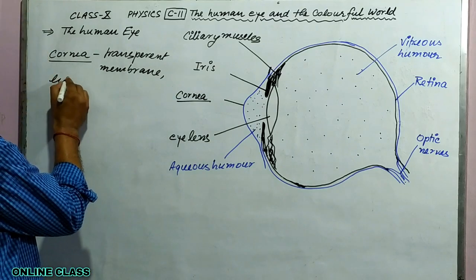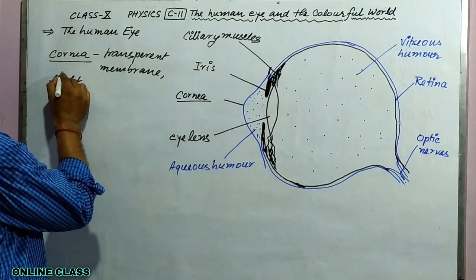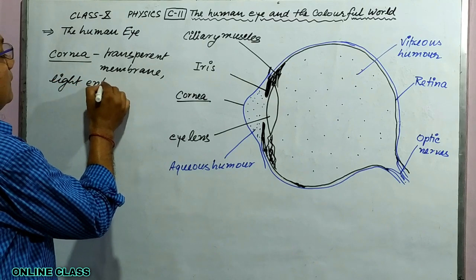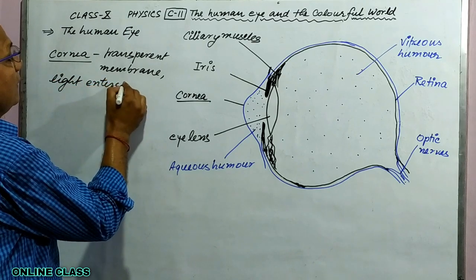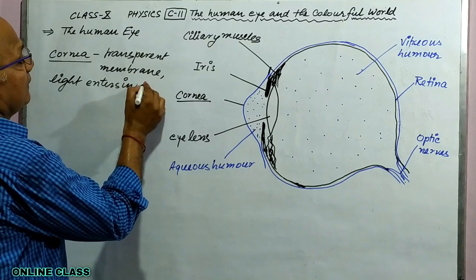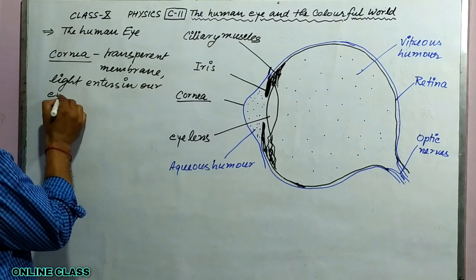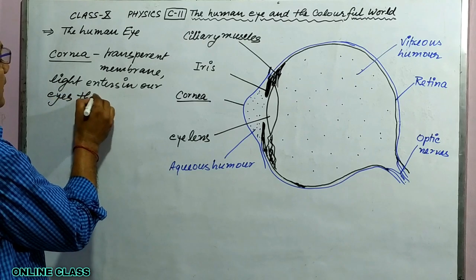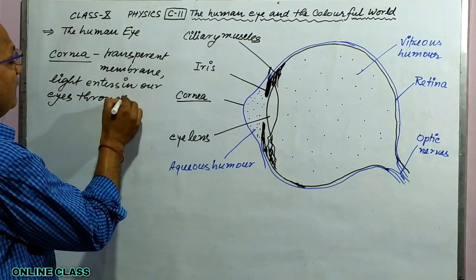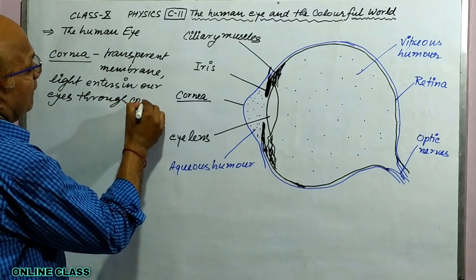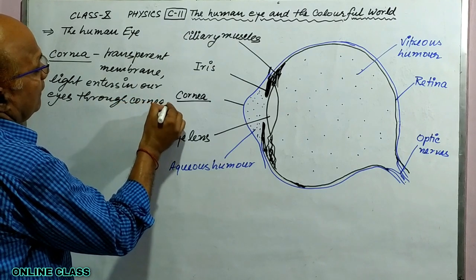Light enters in our eyes through cornea. Okay.